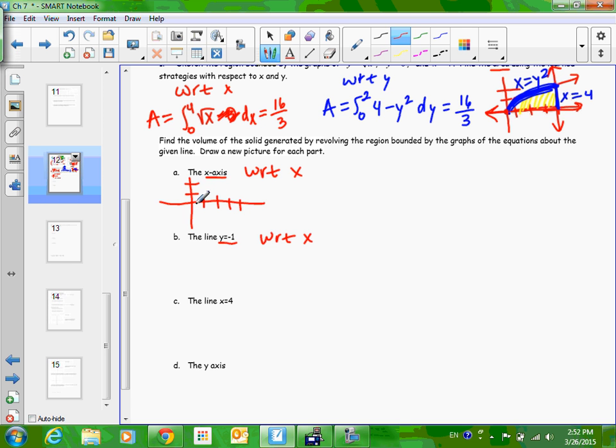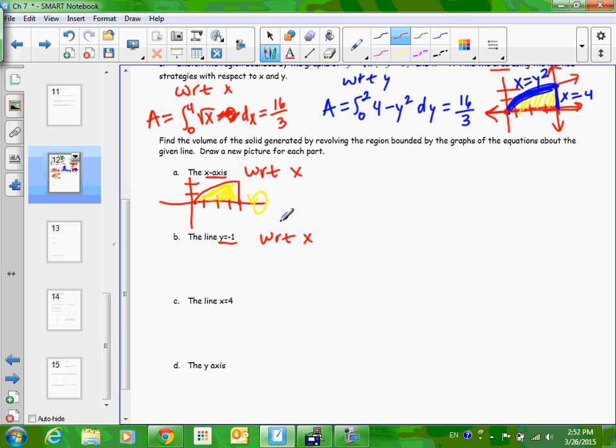I didn't make you do this on the other one, but you need to draw it. It doesn't have to be super accurate, but it needs to be the general shape. Okay, now remember, this is the area right here. And in this first problem, we're rotating around the x-axis. That's how I know it's with respect to x. So they tell you which one to do with respect to x.